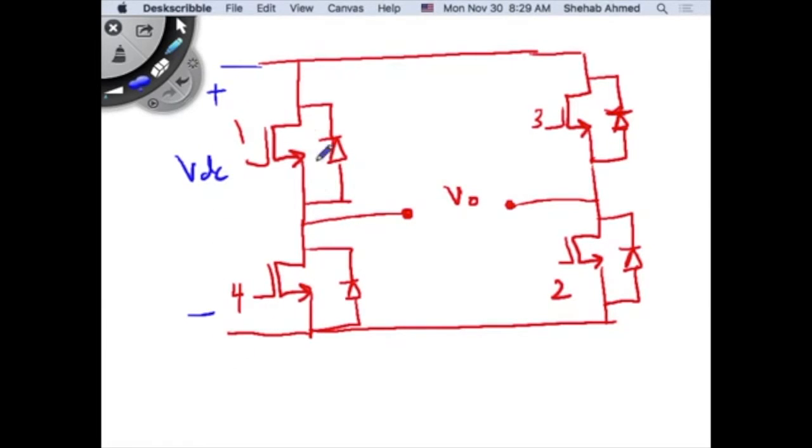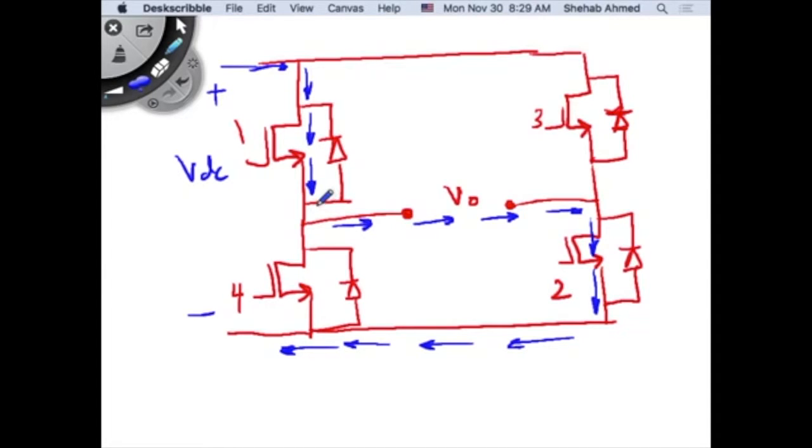When 1 and 2 are on, current flows from the DC source through the switch, through the load, back through the switch, to your source.